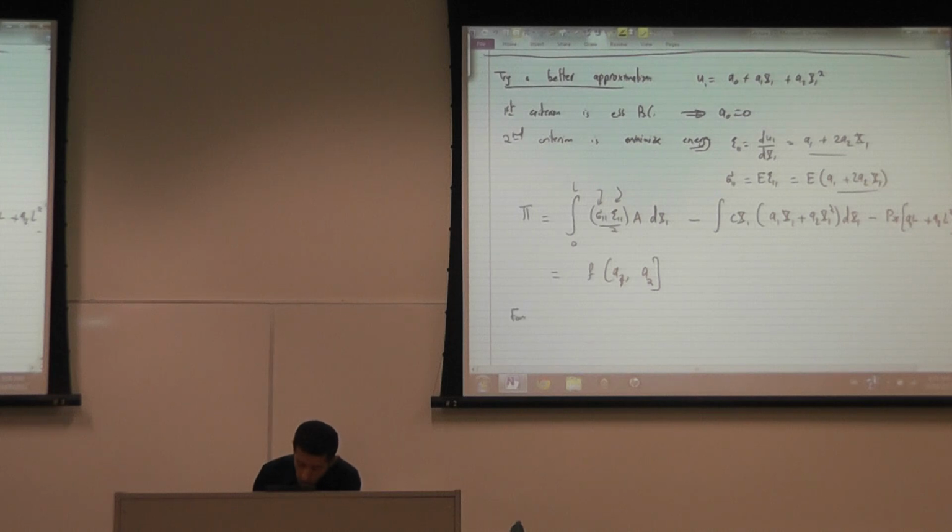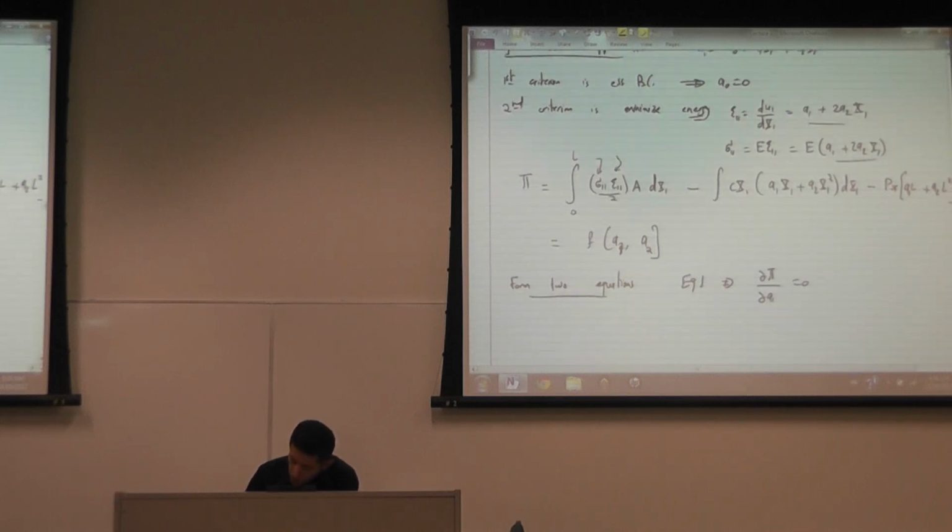For two equations, equation 1 is partial pi with respect to a1 equals 0. Equation 2, partial pi by partial a2 equals 0.